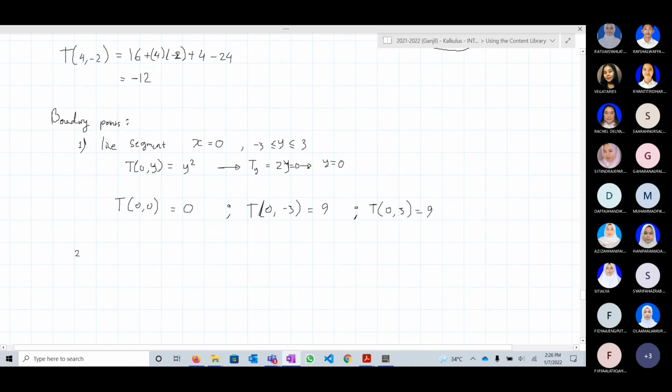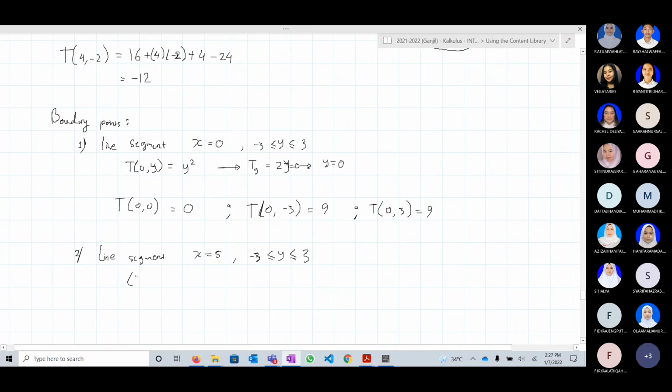Then the second one, we inspect the line segment x equal to 5, and y runs from minus 3 to 3.